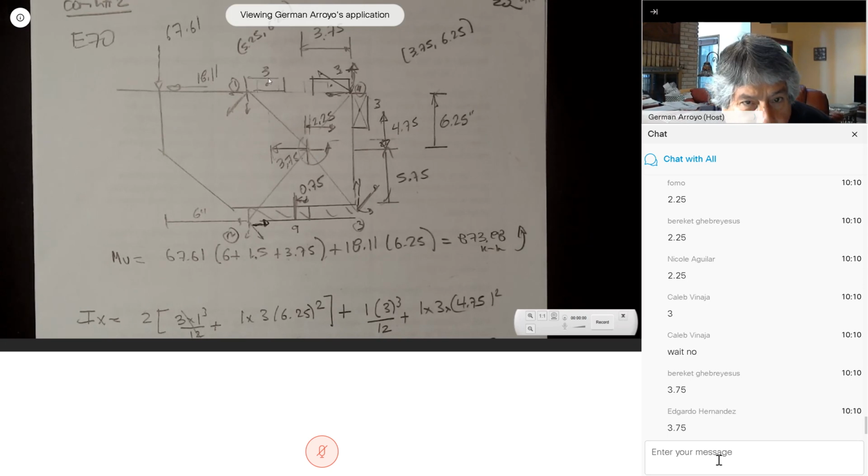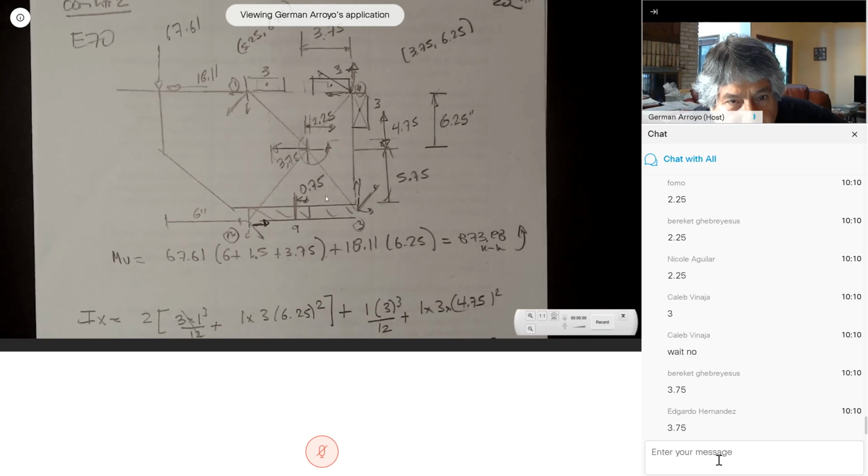And I need the distance from here to this line. So 3 and 3 and 7.5, what do I need to subtract from 7.5? 3.75, it gives me 3.75. That's correct, 3.75. This is the last one that I need.